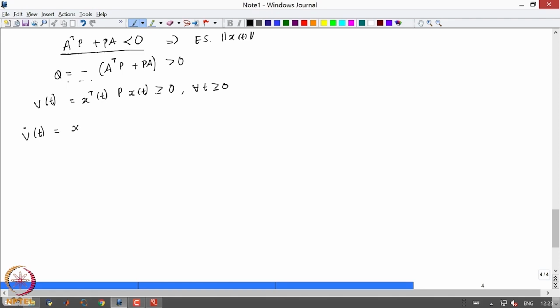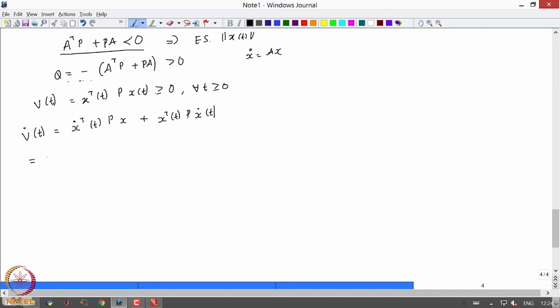So I am computing x dot transpose of t P x plus x transpose of t P x dot of t. Okay. Now what is x dot? x dot is always A x. Okay.